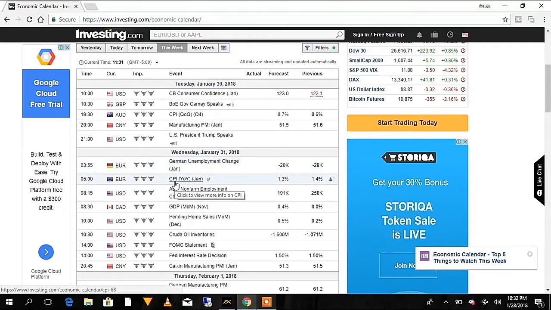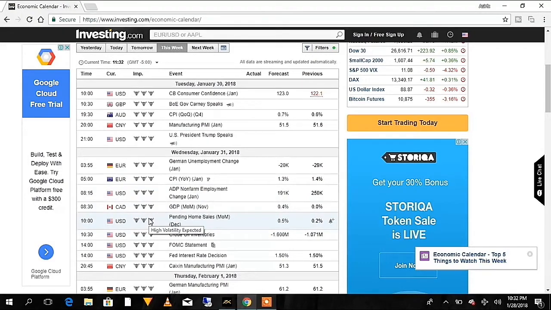And we also get CPI, and in USD we get ADP non-farm employment change. Friends, it's a very important news for the USD. So keep it in mind, take your mobile and set an alarm for Wednesday for those big news.